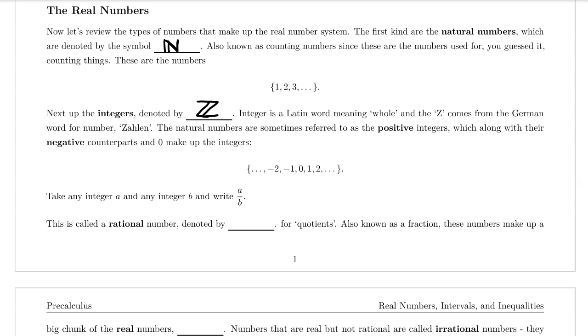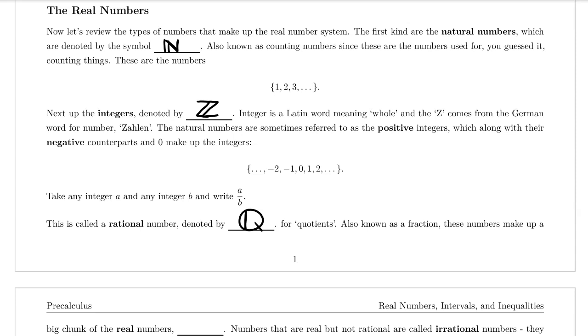Okay, take any integer a and any integer b and write it as a divided by b. This is called a rational number, and it's denoted by what looks like a Q, with, you guessed it, a vertical bar there. So that is the symbol for the set of rational numbers, and Q is for quotients.